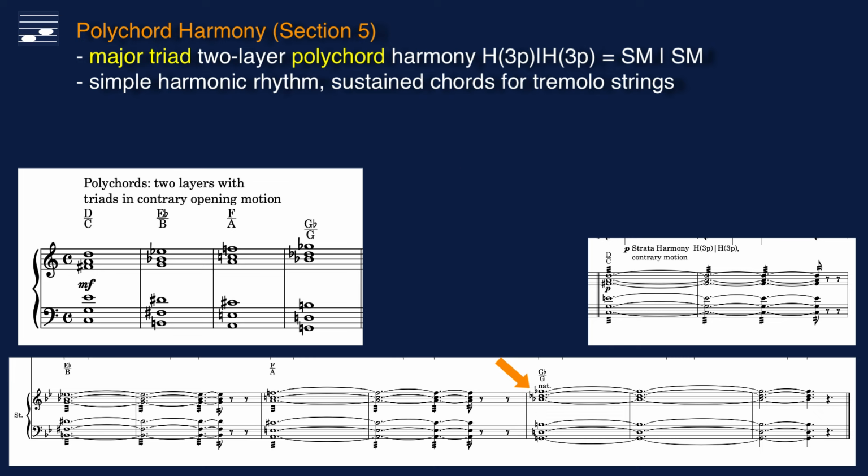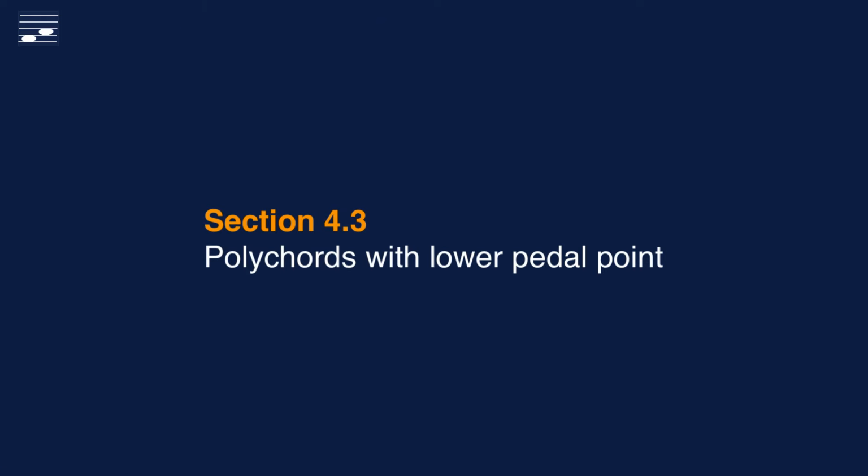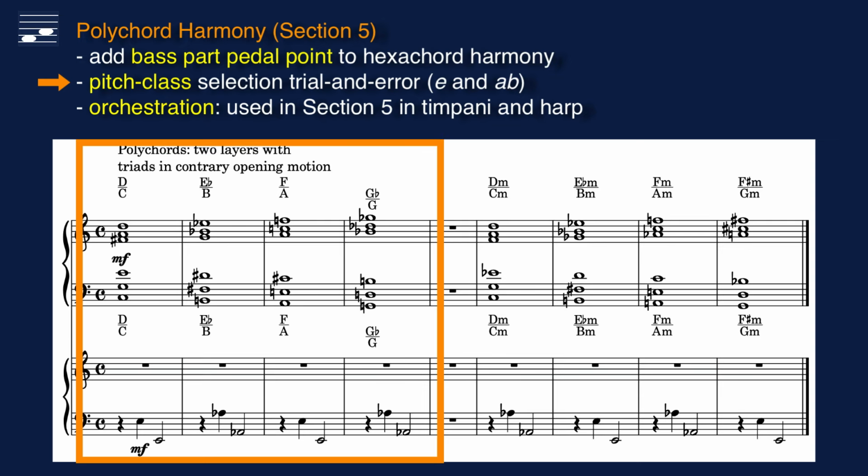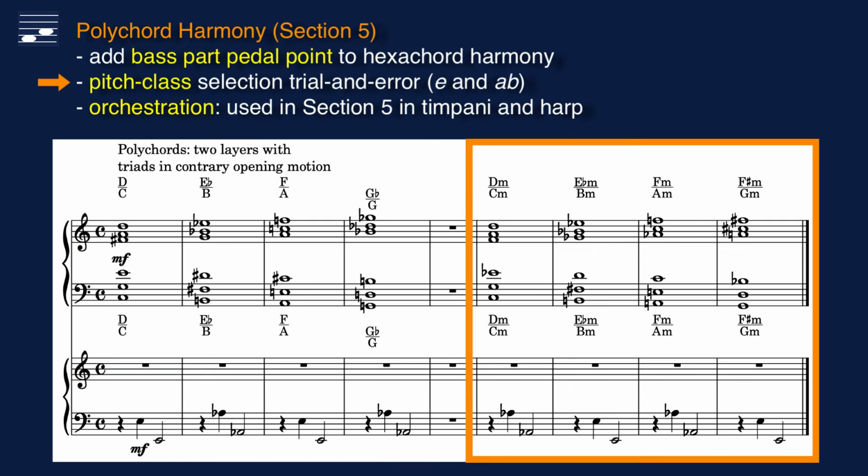The chord tension level was increased further by adding a bass part pedal point to the hexachord harmony. By trial and error, I found two suitable pitch classes, A flat and E natural in both the major triad polychords and the minor triad structure polychords.